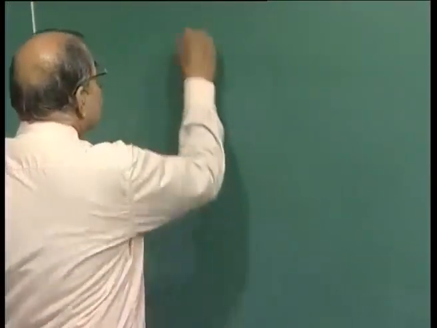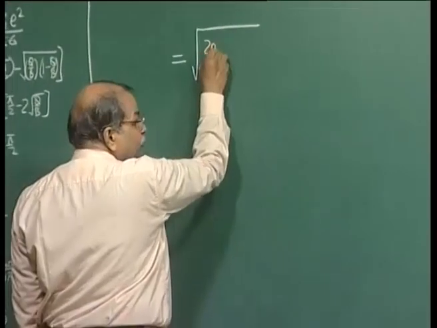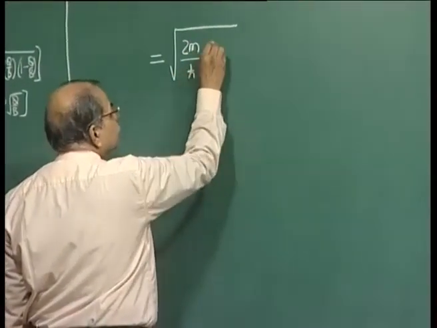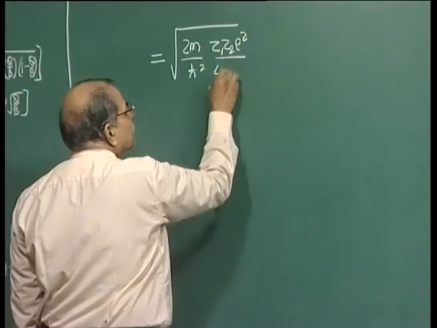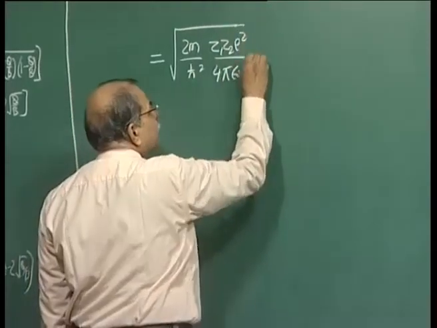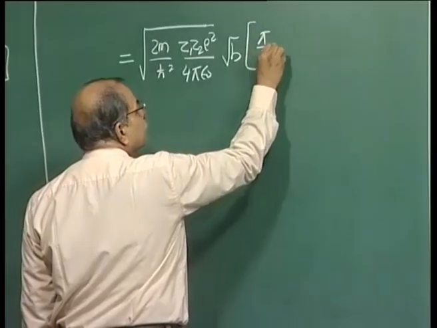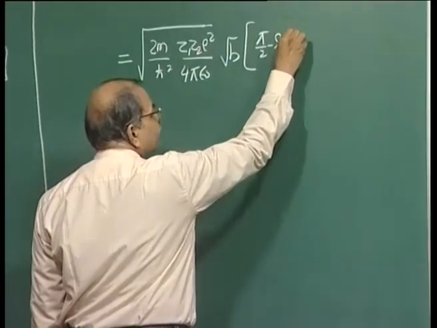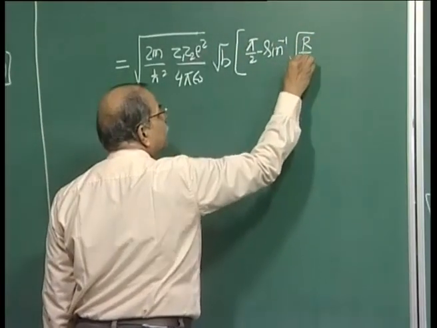So, that is equal to square root of 2m over h cross square, Z1 Z2 e square over 4 pi epsilon naught, and then square root of b, and then you have pi by 2 minus sin inverse, that you can write as cos inverse square root of r by b.